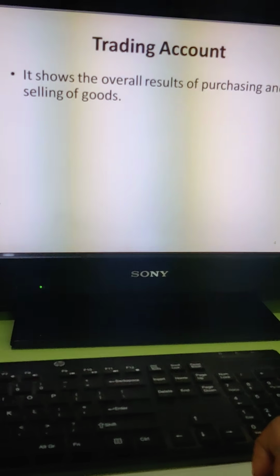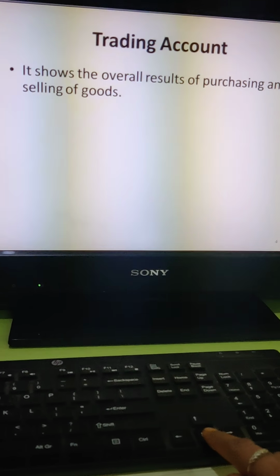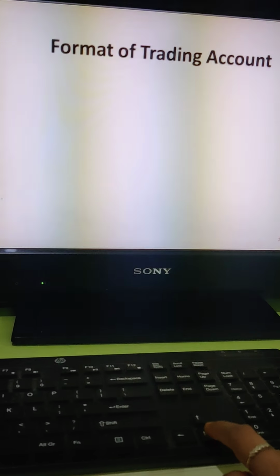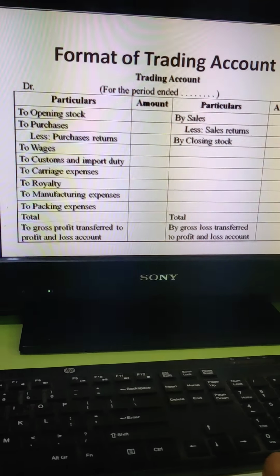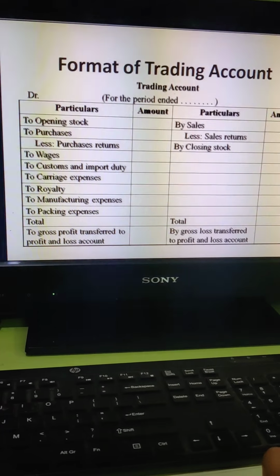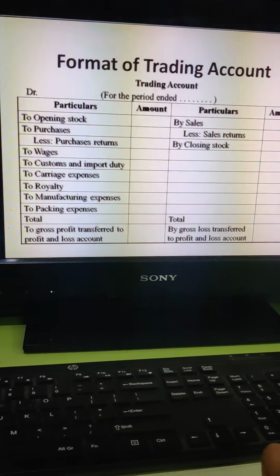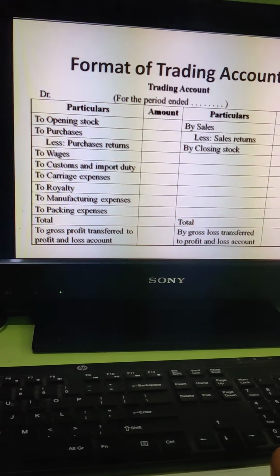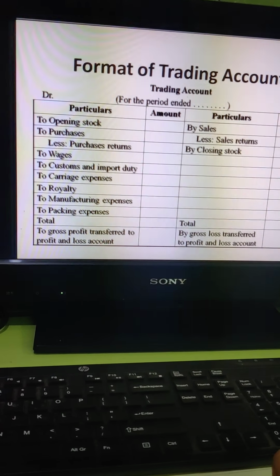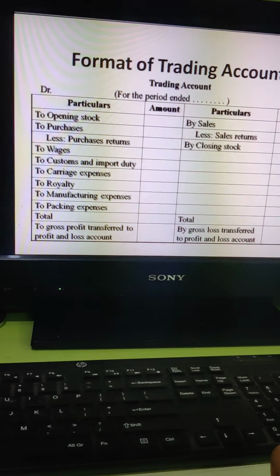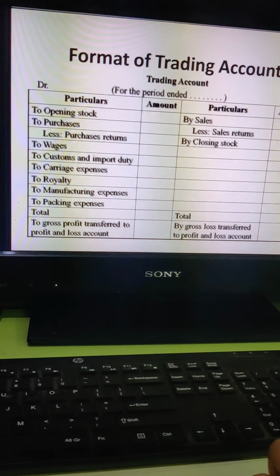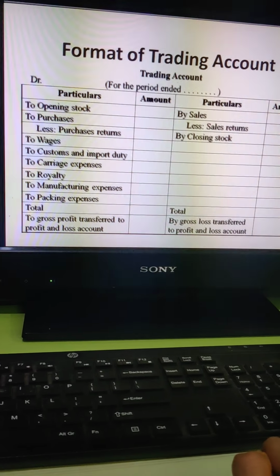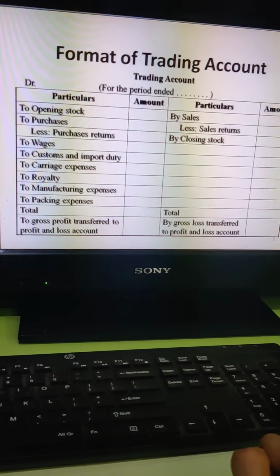Now, what do we include under trading account? As you can see in the format of the trading account, it begins with the opening stock. The stock that is remaining and unused is brought down in the current year to begin with the trading account.